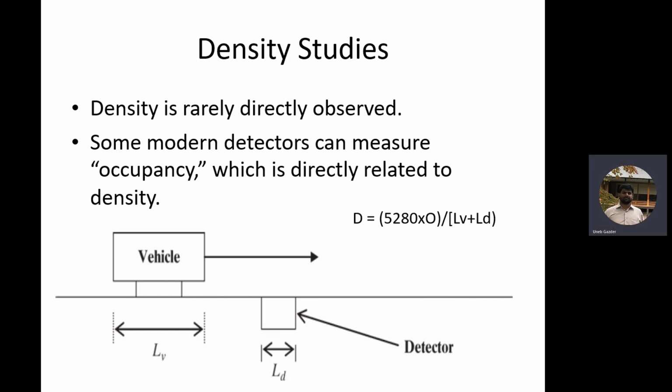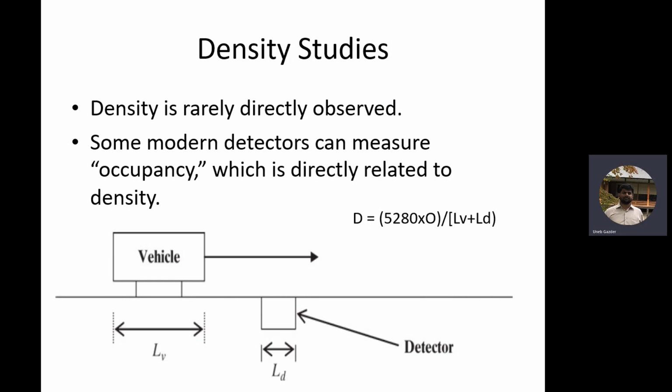If I ask you to measure density, you will use the equation, right? Because measuring density at a particular time is very difficult. People are not stopping for you. They keep on moving. So how can I know at a particular time how many vehicles are on the section? It's very difficult.